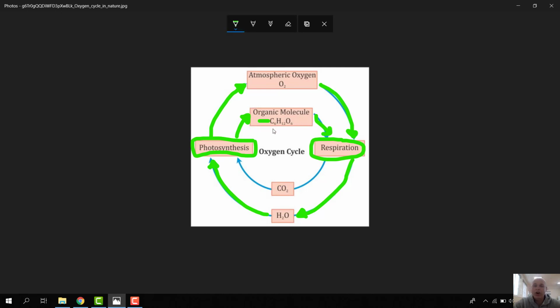And you can see some carbon and some oxygen here that are eventually going to make up the CO2 molecule that we breathe out. And CO2 is essential for photosynthesis. That carbon from the CO2 is going to be necessary to make the sugar, which is our organic molecule. Very nice, neat loop. All right, thank you very much.